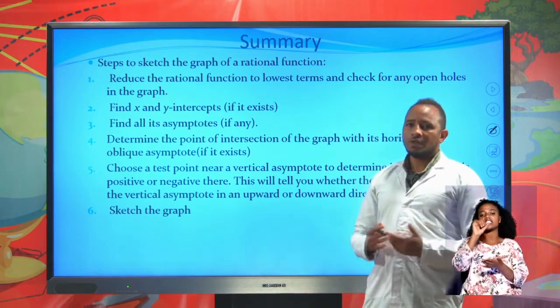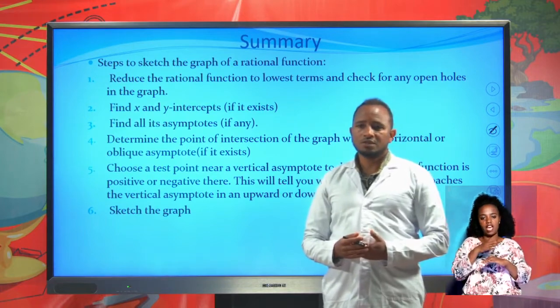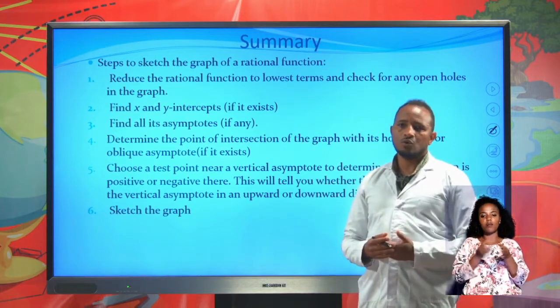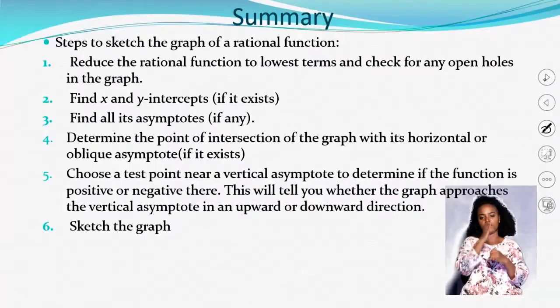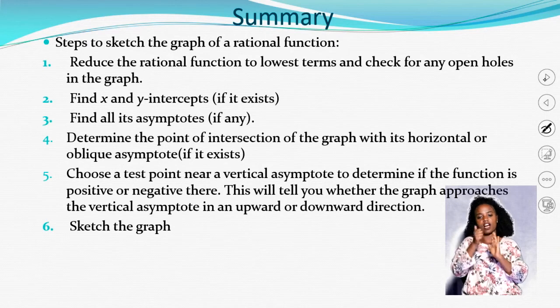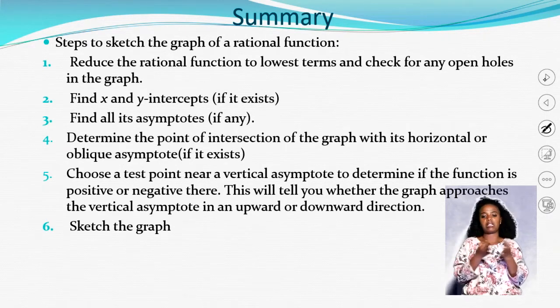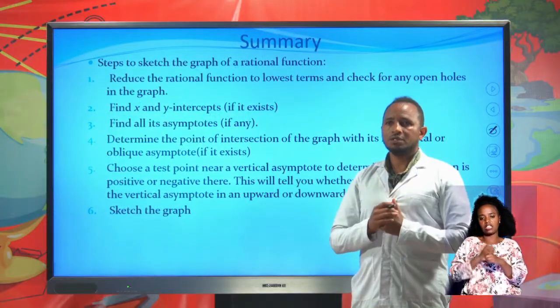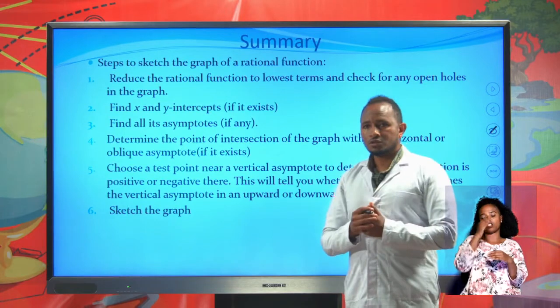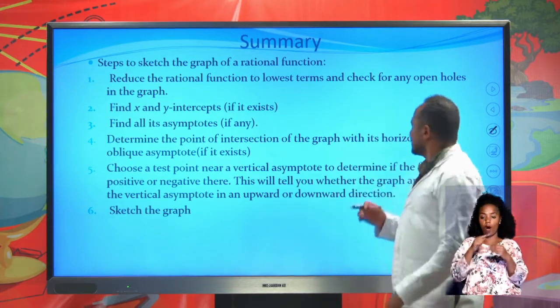After that, determine the points of intersection of the graph with the horizontal or oblique asymptote. Finally, choose a test point near the vertical asymptote to see the behavior of the graph near that point, whether it's upward or downward. After that, sketch the graph. So this is all about today's lesson.